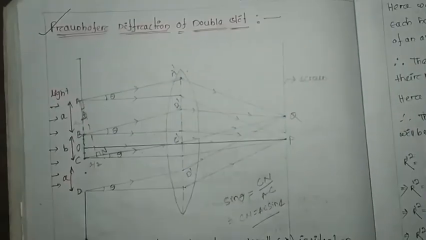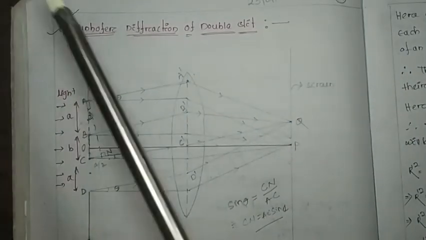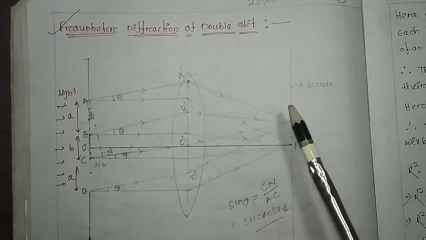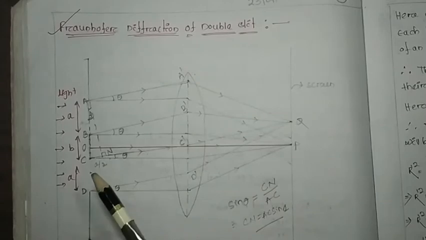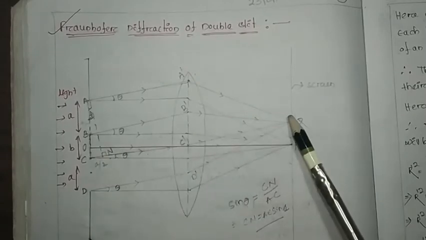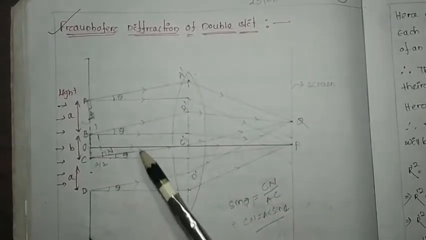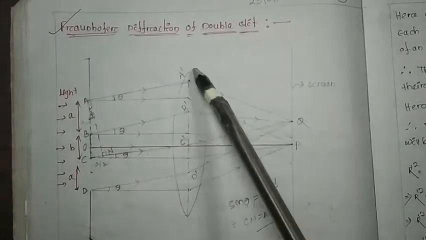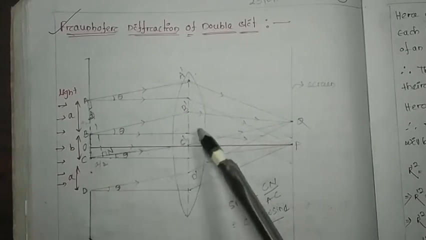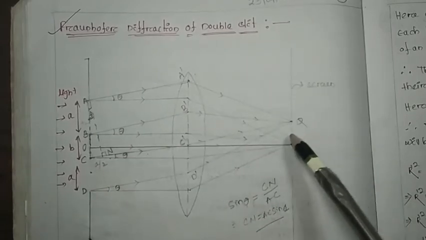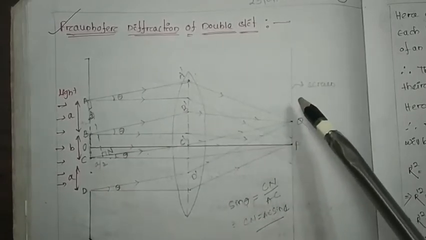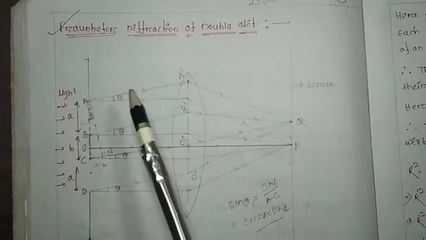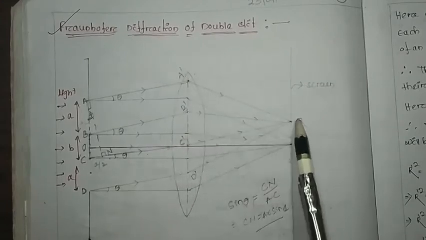So if we can find the path difference between the two rays, A dash Q and C dash Q, then we can define whether Q will be bright or dark. The path travelled by the ray A dash Q is this one.